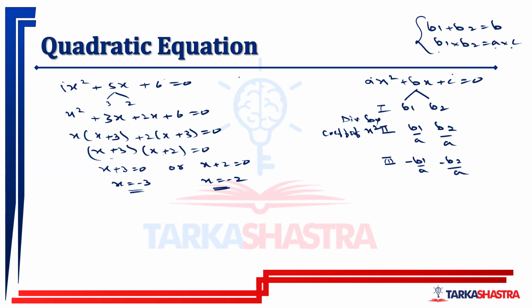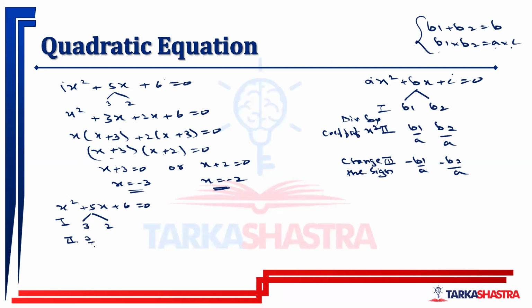Let us implement it on this same equation. So we have x square plus 5x plus 6 equal to 0. The first step is 3 and 2, because 3 plus 2 is 5.